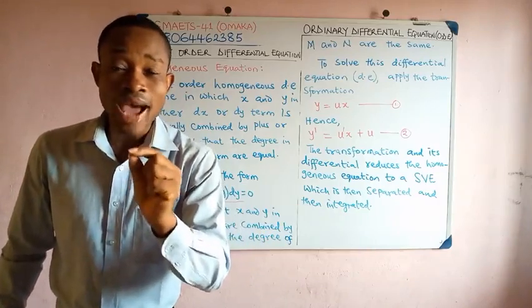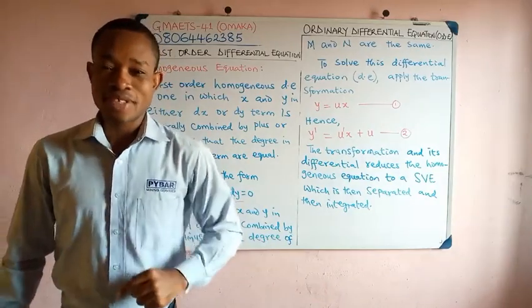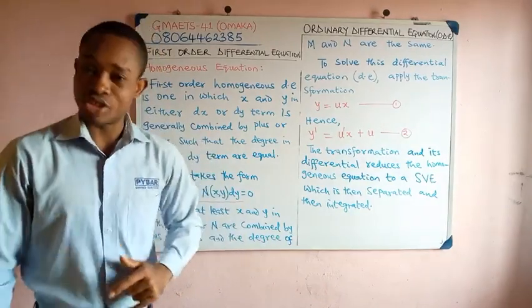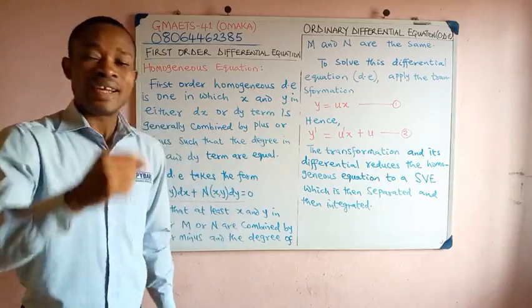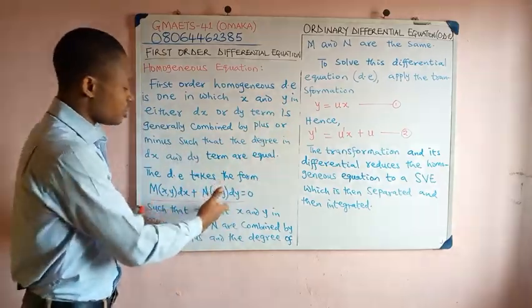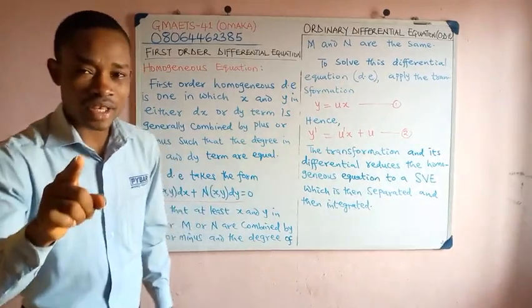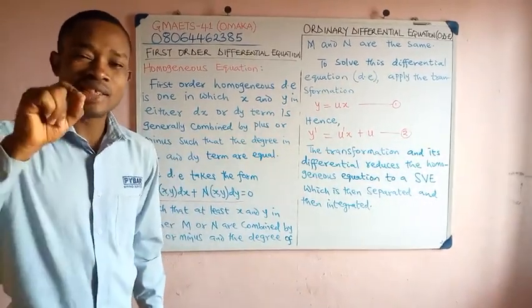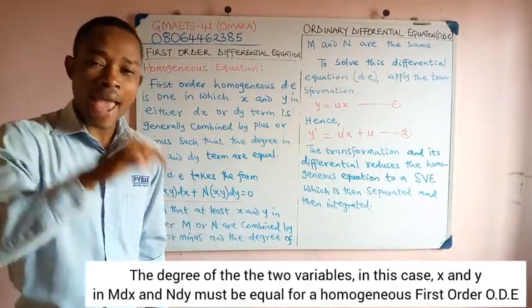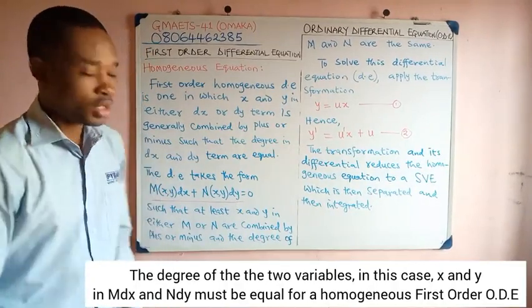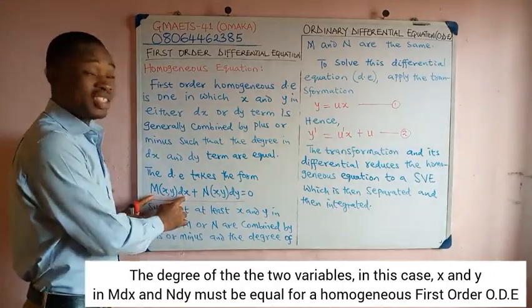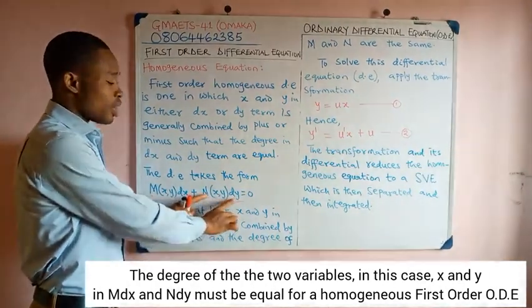However, it is not an absolute reason to say that this equation is a homogeneous equation. Now, all in all, how can you determine that this is a homogeneous first order differential equation? Now you listen to this, okay? The degree in M and N must be equal. The M term is bearing dx, the N term is bearing dy.